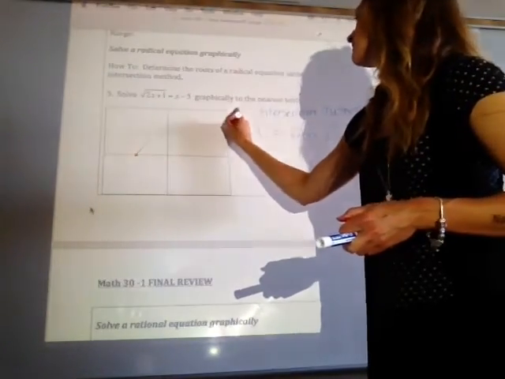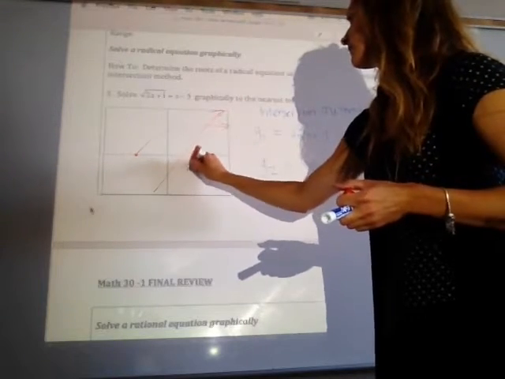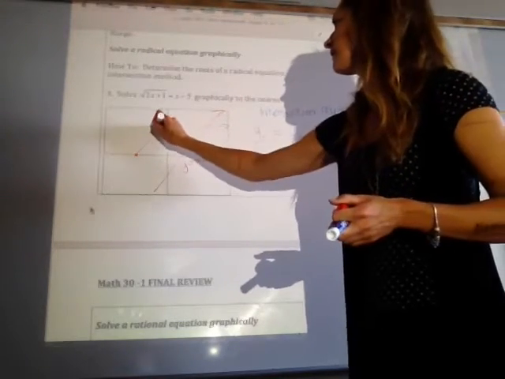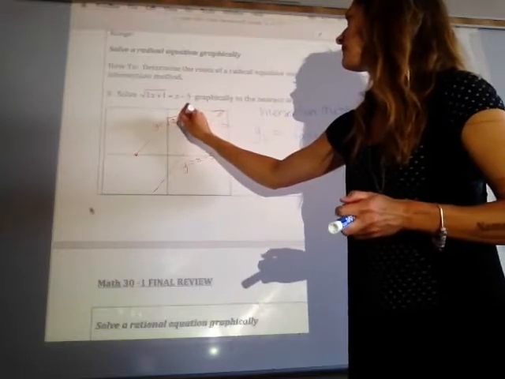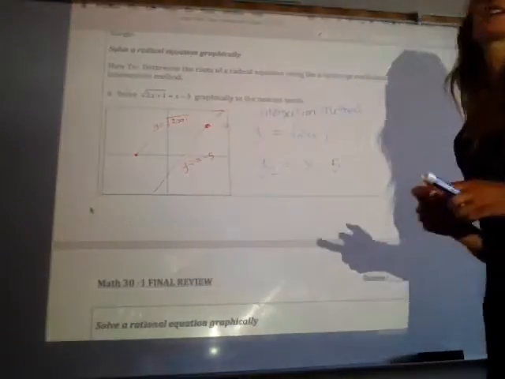So when you graph it, you get something like this. Our solution is that intersection point.